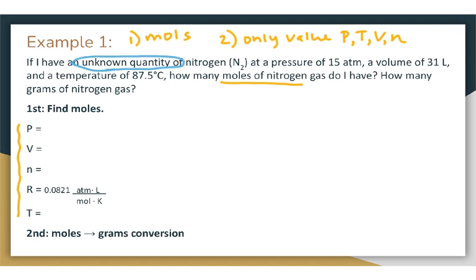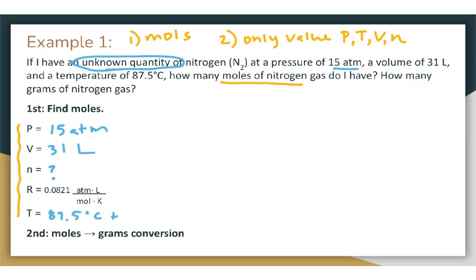So going through my problem again and looking at what I'm given, I have an unknown quantity. That quantity is going to be how many moles we have. That's our n value, our new variable in this ideal gas law. So that's what I'm looking for. At a pressure of 15 atm, a volume of 31 liters, and a temperature of 87.5 degrees Celsius.